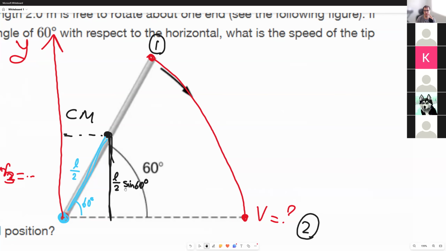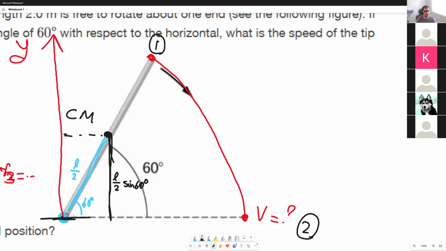Professor, is it L over 2 sine 60 coming through the components? Why is it L by 2 sine 60? I'm not looking at the component of anything. I'm looking at the height of the center of mass. At what height is it with respect to this 0?